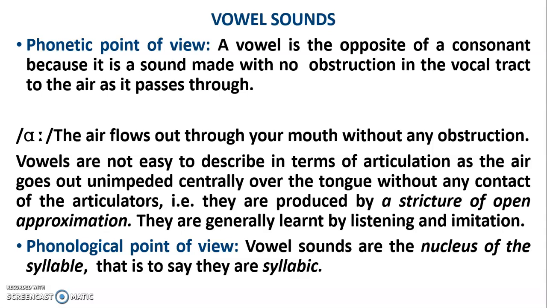So vowels are not easy to describe in terms of articulation because the air goes out unimpeded centrally over the tongue without any contact of the articulators. We say that they are produced by a stricture of open approximation.